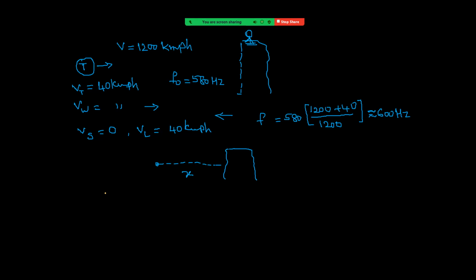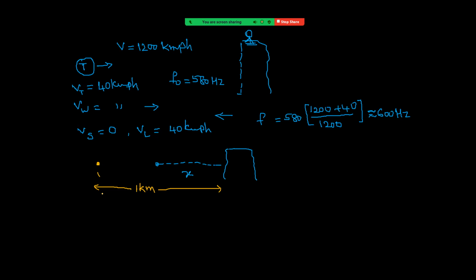You are given the distance equal to a total value of 1 km when it is emitting sound. So the total distance is 1 kilometer. Then see what happens. Once the sound goes out, it has to cover 1 kilometer. Next, while coming back, it has to cover x distance. Then see the time taken.